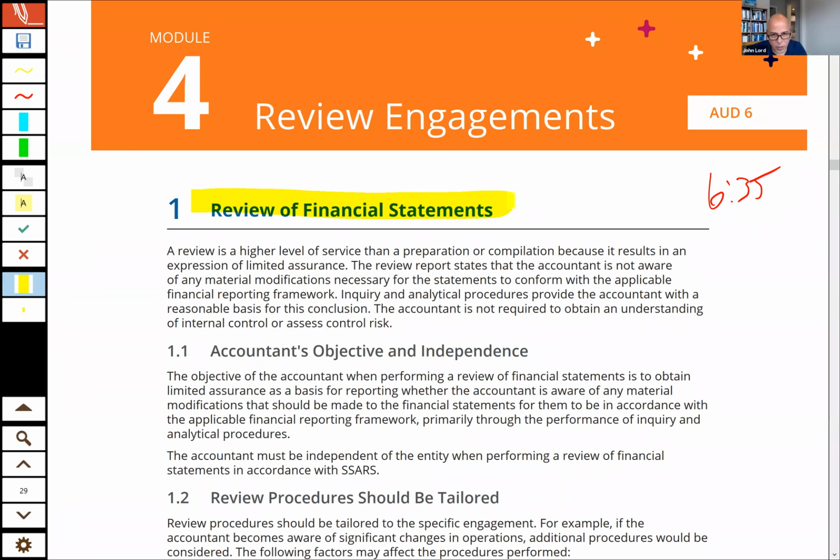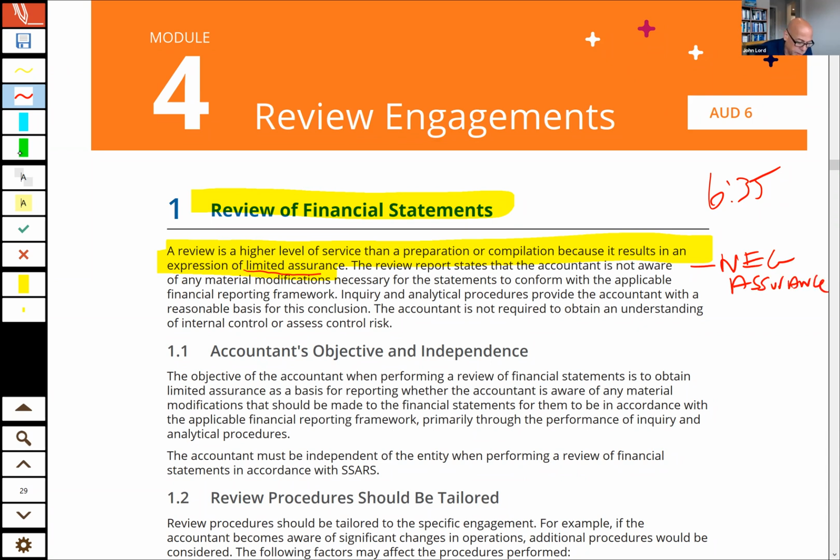Instead, now we're just going to give a more limited assurance. That limited assurance is a negative assurance. So it's higher than the compilation and the preparation, but not as high as the audit. This is a review, and we give negative assurance.